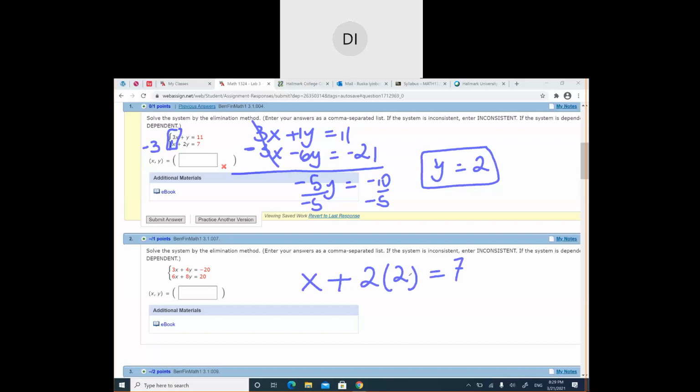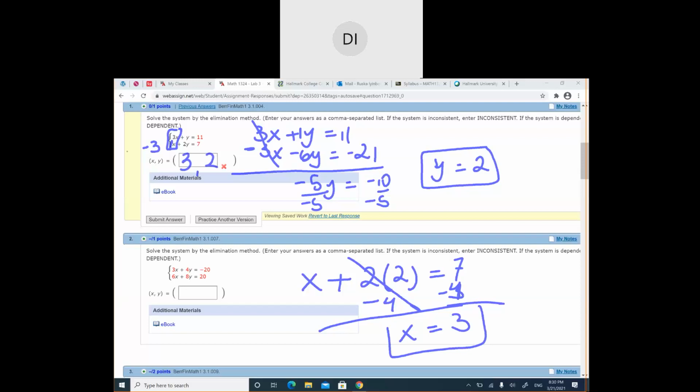Then 2 times 2 is 4, so I'm going to subtract 4 on both sides, and that will cancel out these numbers. So I get x equals 3. So x equals 3, y equals 2. When you put your answer, make sure the first place is x, so it's going to be 3, 2. That's how you enter that answer.